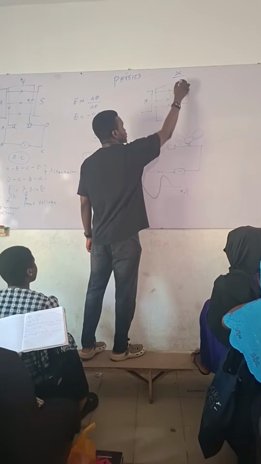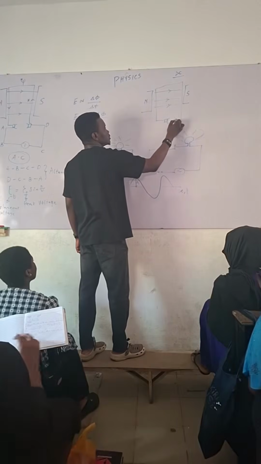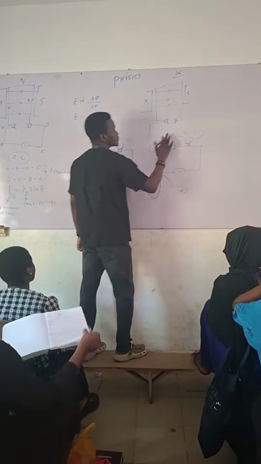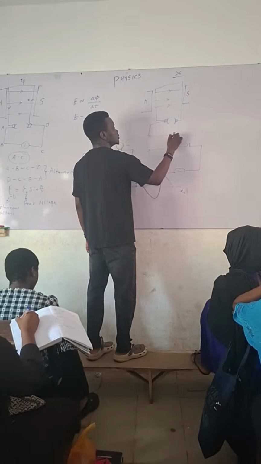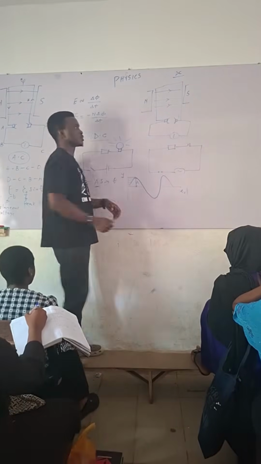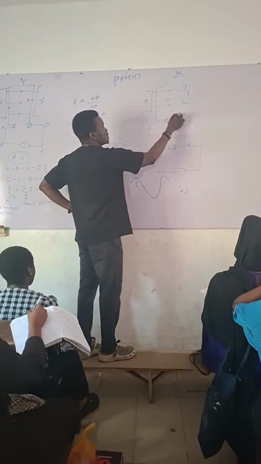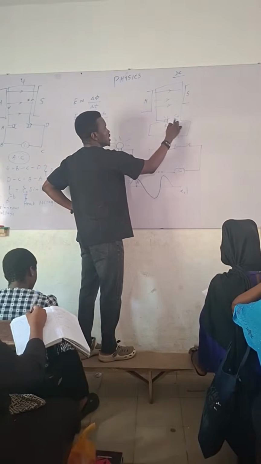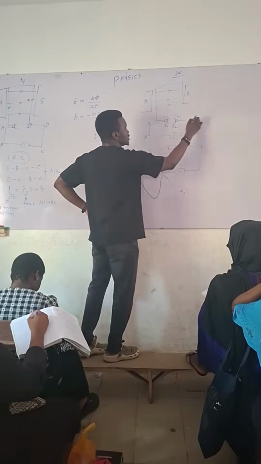Slip ring. You are going to have, let's call this C1, C2, then this is my S1, S2. So let's look at the difference here, A, B, C, and D.